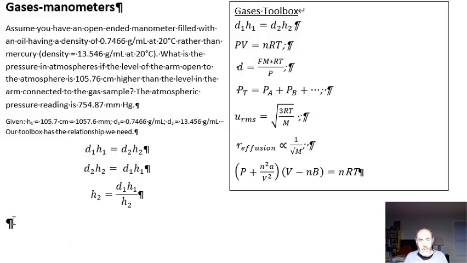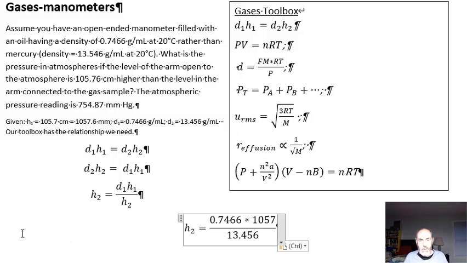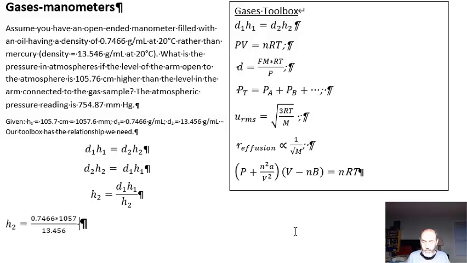There's our numbers. I didn't put in the units just to simplify the actual math, the way it's written out. So we get a number for this. It turns out to be 58.64 millimeters of mercury would be what that height would be if we were using mercury instead.